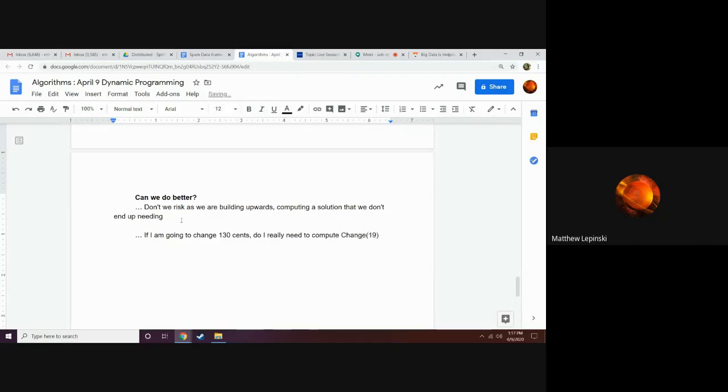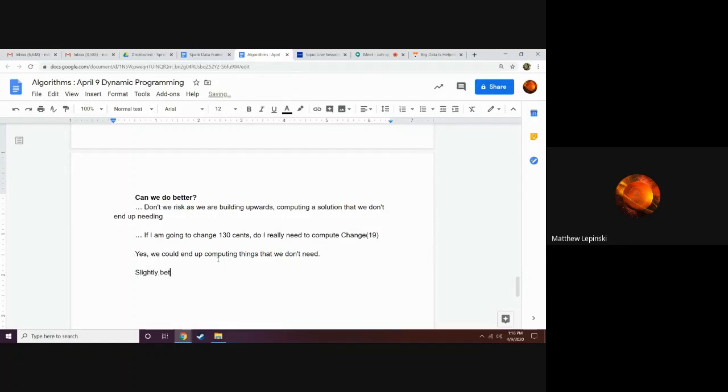Do we run the risk that on the way up we are computing some things, like change of 19, which given the input that we care about turns out not to be relevant? Yes. So we could end up computing things that we don't need, especially if we're in a country that has a weird set of coins.